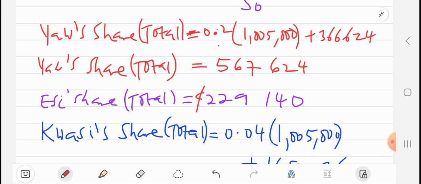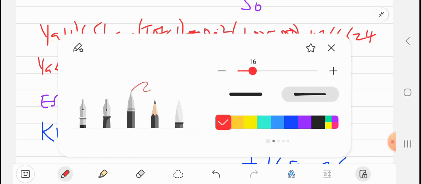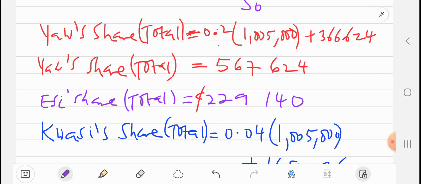It's going to get 229,140 in Ghanaian cedi. Now he's going to get the most as the manager in Ghanaian cedi.